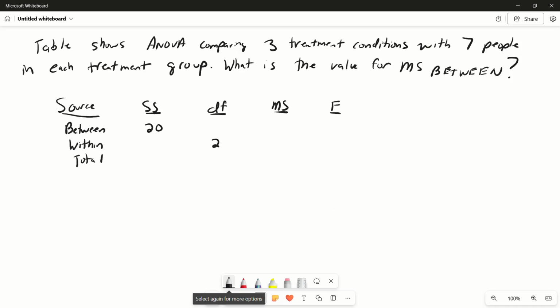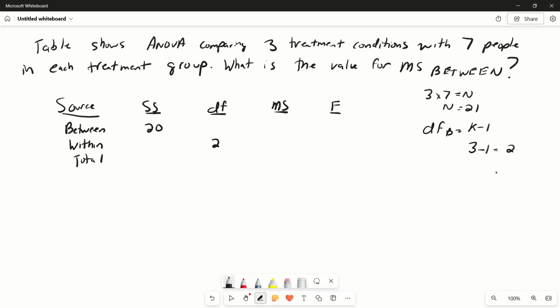Well, the first thing we can do is find the total sample size. So there's 3 conditions, 7 in each treatment group. 3 times 7 is N. N is 21. So it's 21 total people. We know degrees of freedom between is K minus 1. K is the number of groups. Here we have 3 conditions, so we have 3 groups.